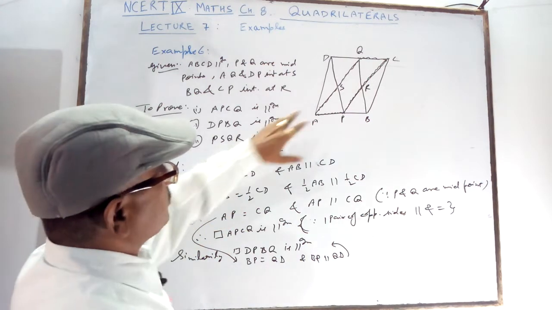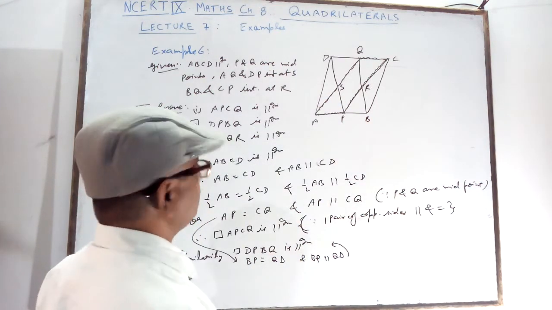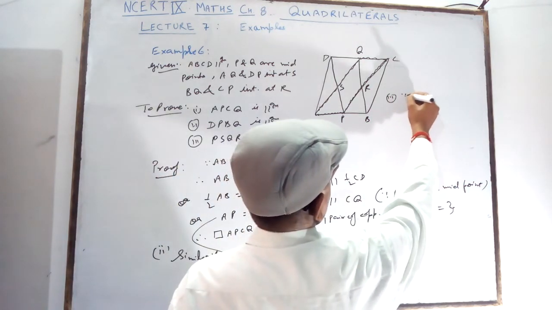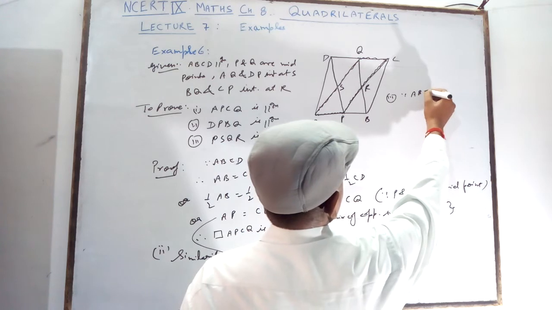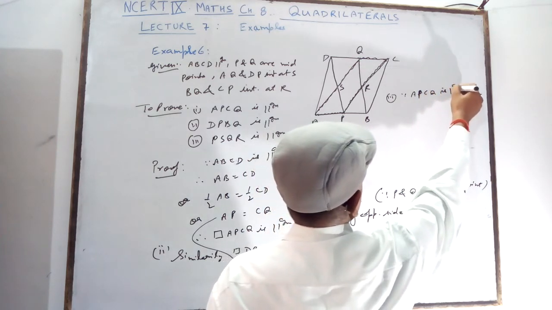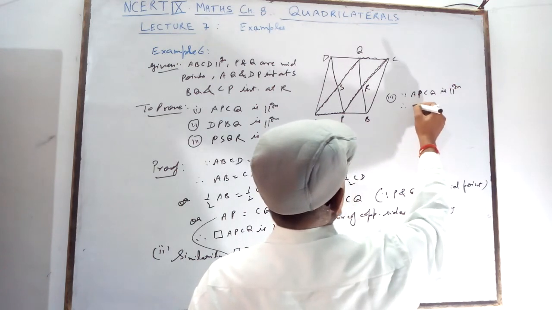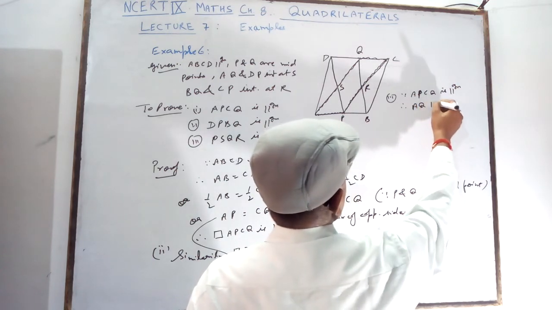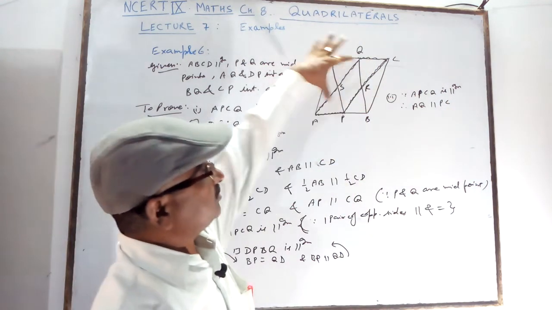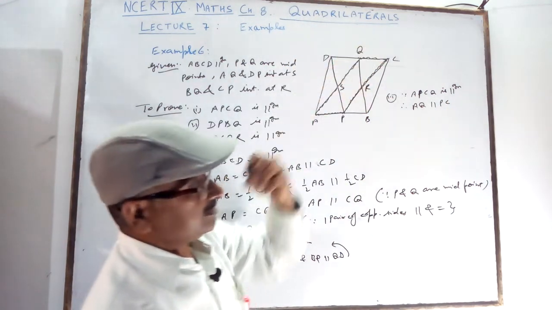Now PSQR. What will you prove? The third part is very simple. Because APCQ is a parallelogram, AQ is parallel to PC, or CP.